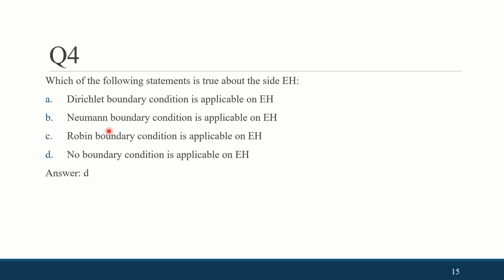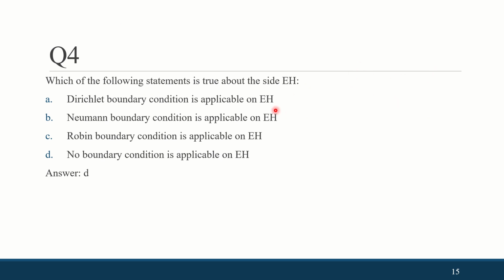For example, consider a variable u. In Dirichlet boundary conditions, we would have u equal to some value, for example, u is 0 or u is 1.